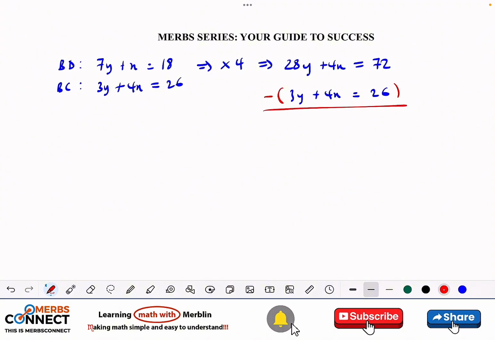28 minus 3 should give us 25y is equal to, because this and this will be 0. So now 72 minus 26 should give us something like 4. Is it supposed to be 4 or 5? Okay, 72 minus 26.